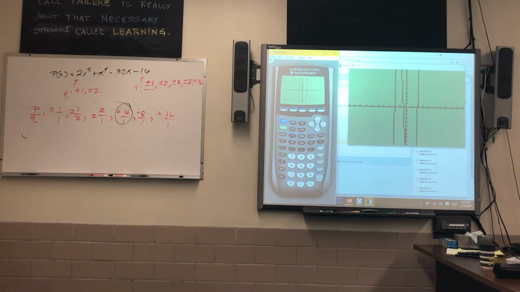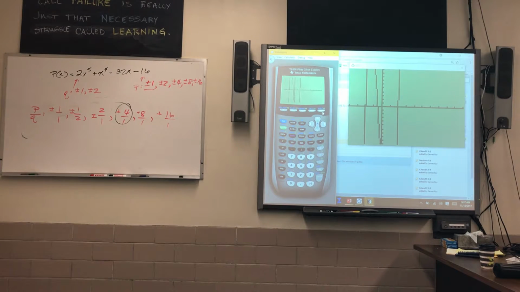I'm not going to have a 0 to the left of -4. So maybe what I could do with my window is instead of looking at -10, I know I'm not going to have to look at anything beyond -4. So maybe I change my window a little bit. All right, it might make my graph a little bit easier to look at. Okay, zoomed in a little bit, right?